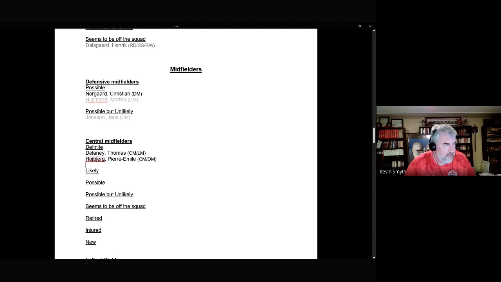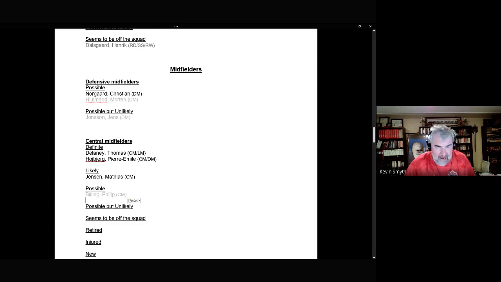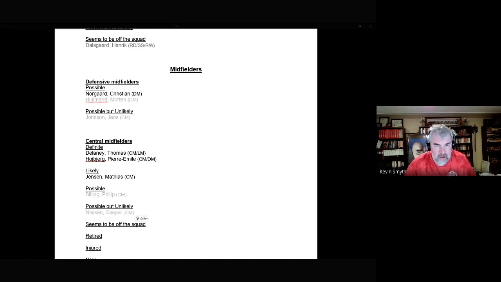We have Matthias Jensen as a likely candidate, and Philip Billing as a possible. Kasper Nielsen is possible but unlikely. And then 2 players who seem to be off the squad, Anders Christensen and Jens Stage, or I'm not sure how that's pronounced, so I'll just say Stage, but I'll try to figure it out.